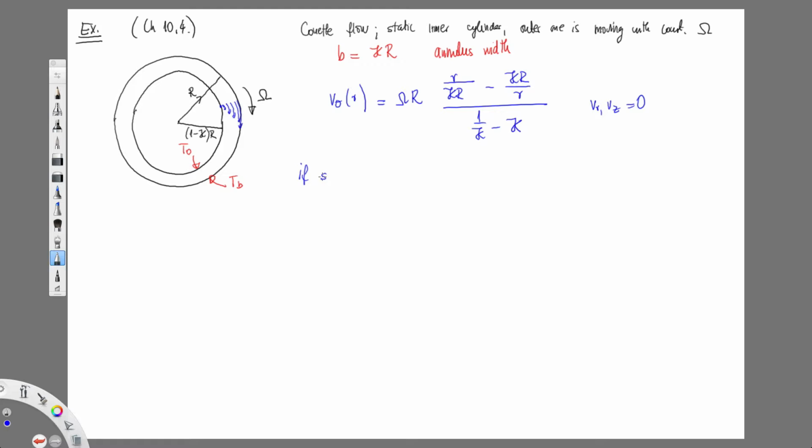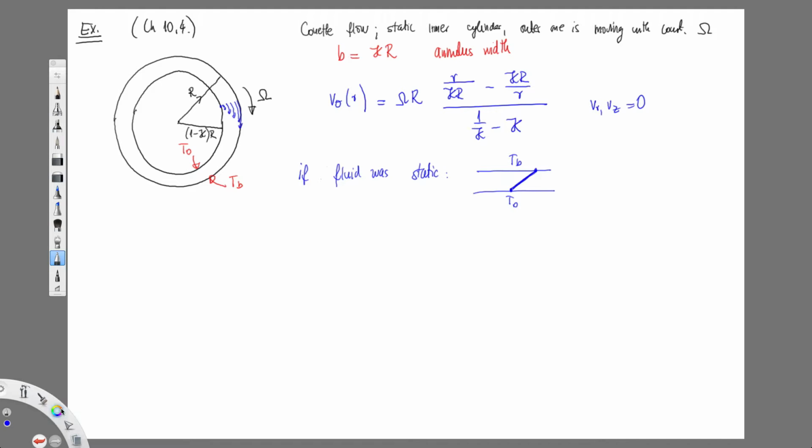So essentially, if fluid was static, what I would have is that when I zoom in, I would have T0 and TB. Let's say this is my T0 and this is my TB, so I would have a linear distribution between.